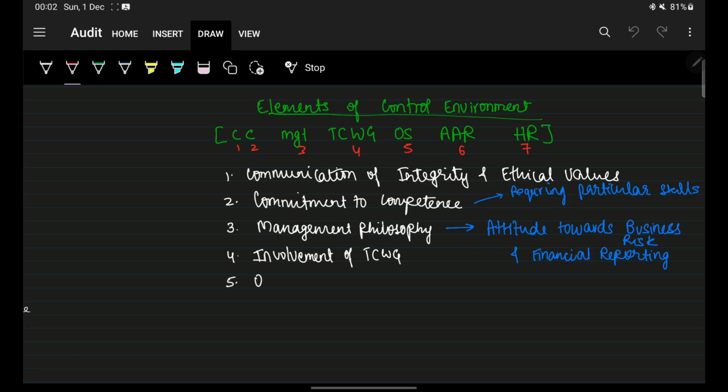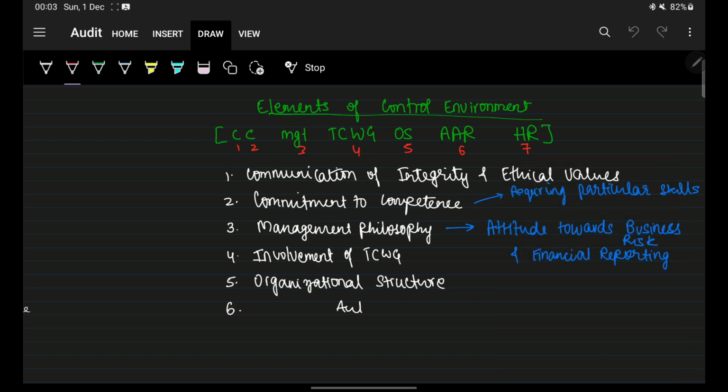Next is the organizational structure. OS is organizational structure. And sixth is allotment, not allotment, rather, what was it? I know it was something with regard to authority and responsibility.